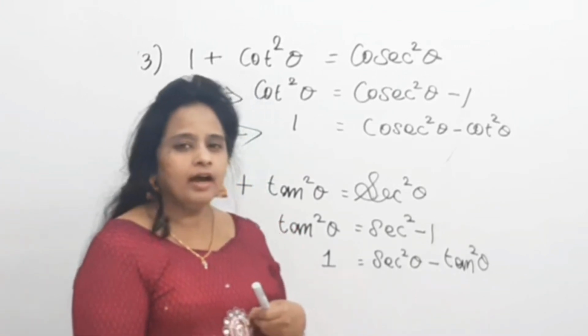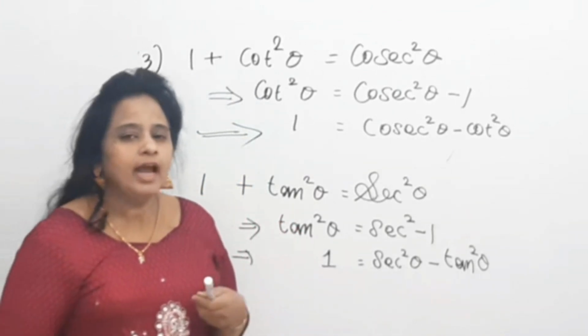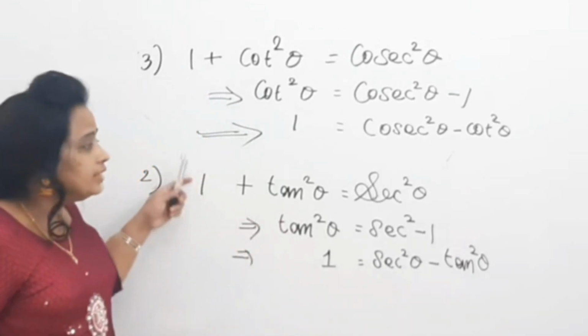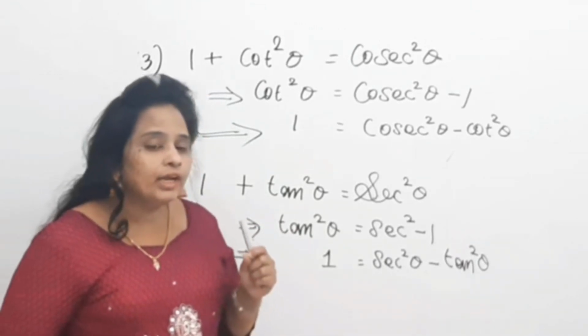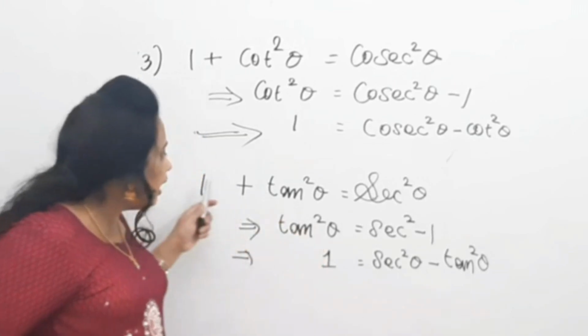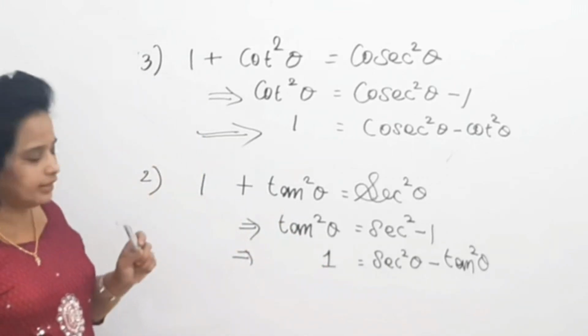So, you must be doing that, proving the identities: left hand side is equal to right hand side. So, these identities are very, very important, and you have to learn these 3 specific identities by heart.